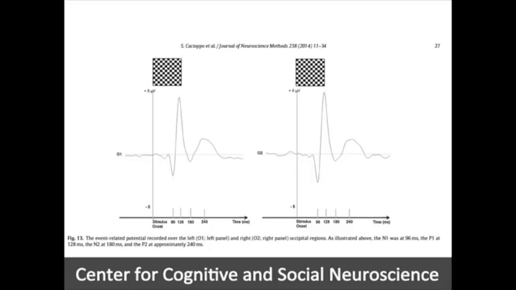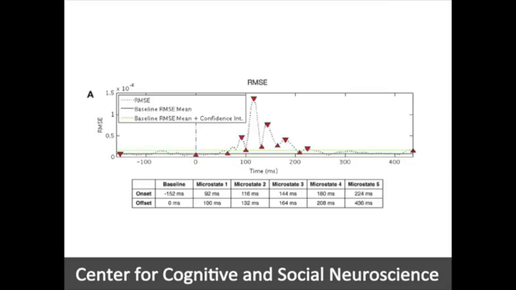What I'm showing you here is a checkerboard study. This is the occipital representation of the evoked potential in a simple checkerboard study that we ran. And what you have here is the RMSE, and you see 5 microstates. Some are very early, and you can see we have transitions and subsequent microstates.